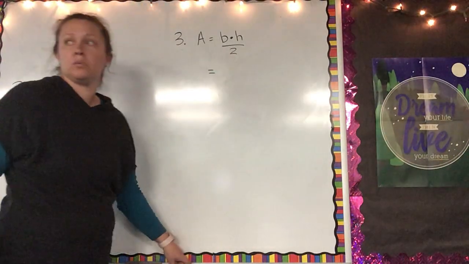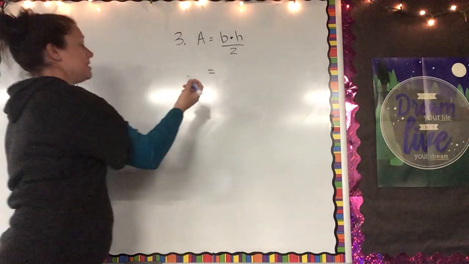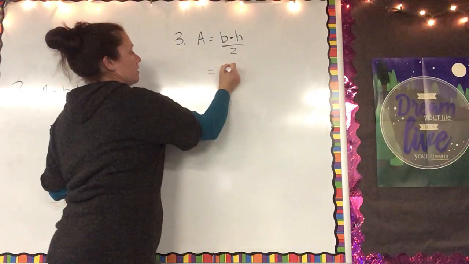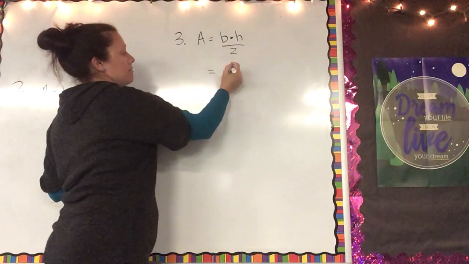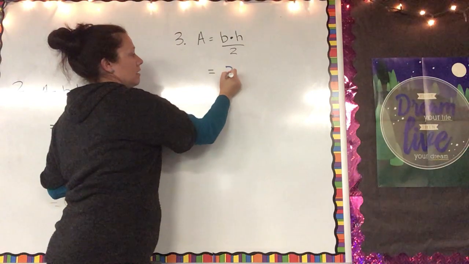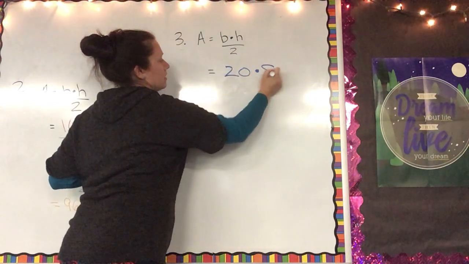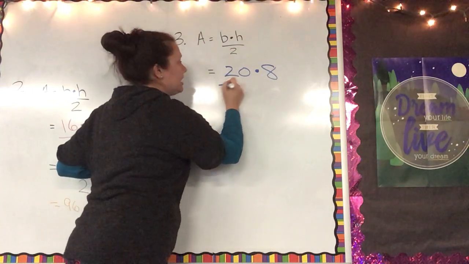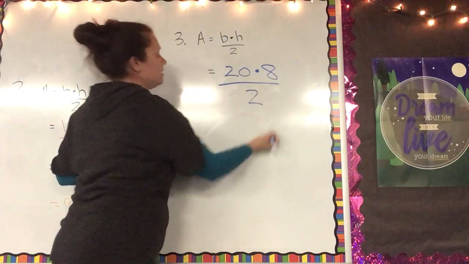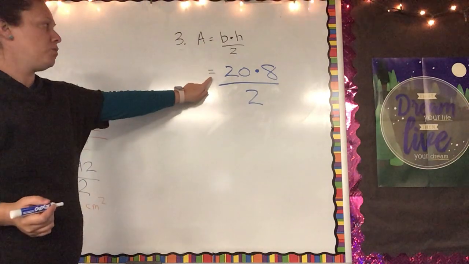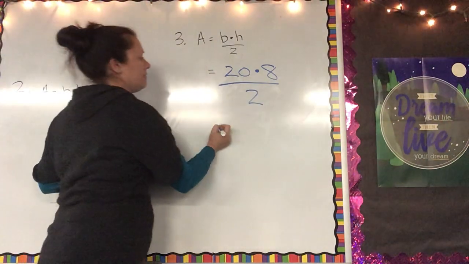Listening, 3, 2, 1. Mason, what's my base? 20. Ben, what's my height? 8. And I divide by how many, Justice? 2. All right. Mental math, you should be able to do, what is 20 times 8? 160.